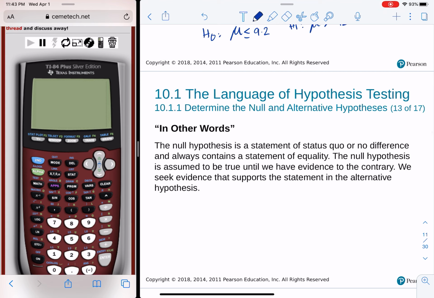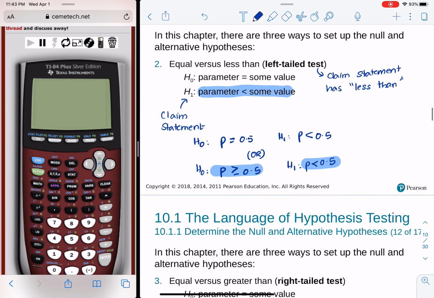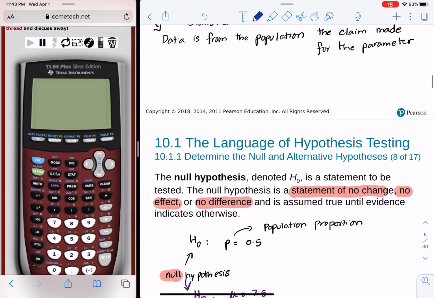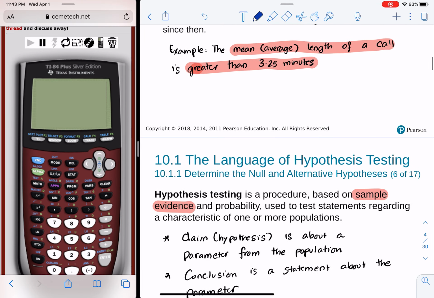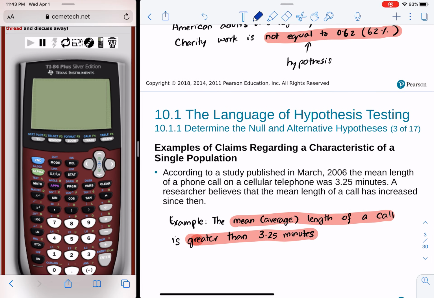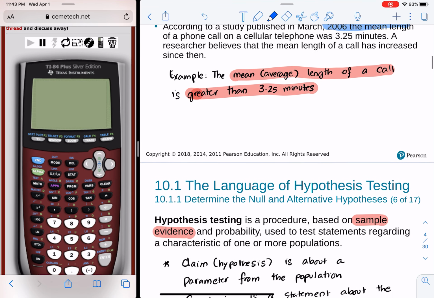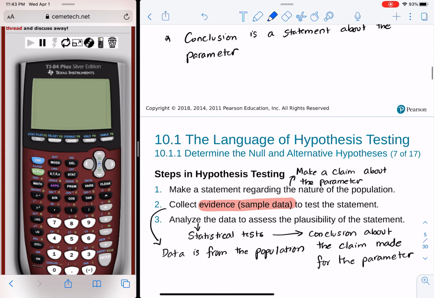So how could we put this into practice? If we go back and think of the example from earlier today, someone looked at data from 2006 and made a claim today that the average length of a telephone call is greater than 3.25.